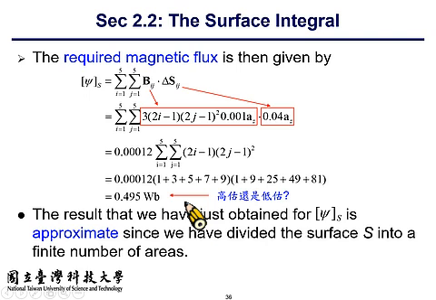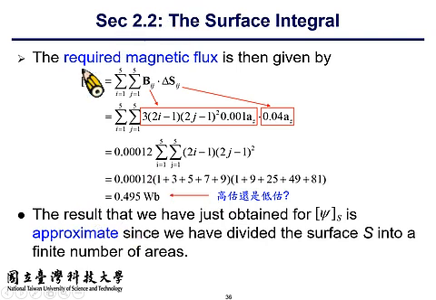Another way to interpret this calculation is that you loop around the 25 regions and calculate the magnetic flux accumulated in all 25 small regions.